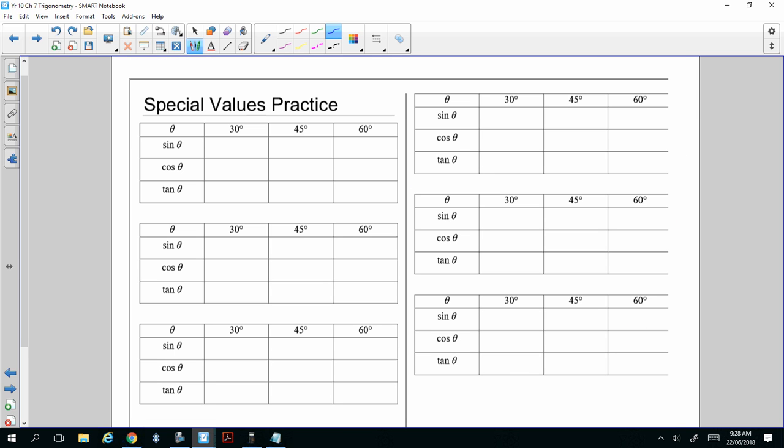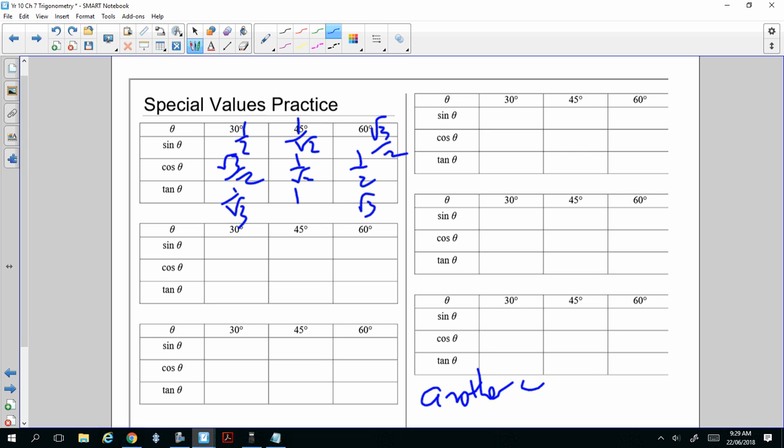If you just start with half, half, look at how fast I do it, just less than 10 seconds. 1 on root 2, 1 on root 2, 1 on root 3, root 3, done. Do that 6 times and do another 4 times in your book. You will know them very well, and we may have a competition next week to see who can do them the fastest. Alright, let's finish this.